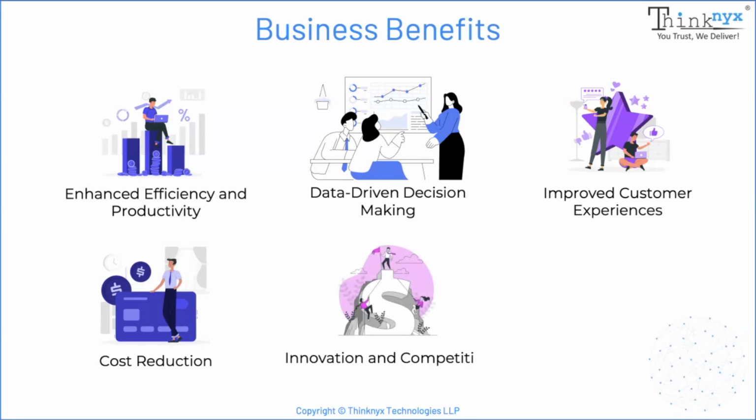Next is innovation and competitive advantages. Now, as you know, you go to any product today, they all say AI enabled. Either they are enabled or they are not enabled, but you will see this term, we are AI enabled. We are using AI technology under the hood, especially in electronics industry. You go, you will see this television, this washing machine, this AC, we are AI enabled.